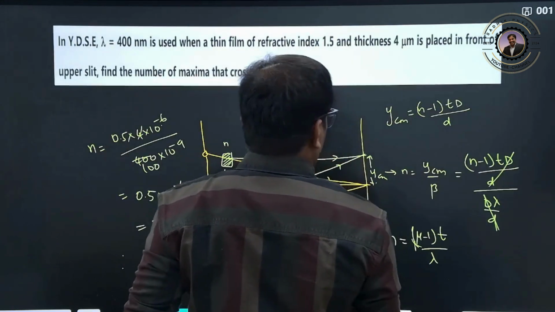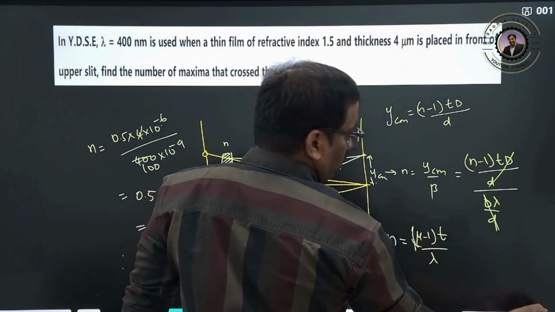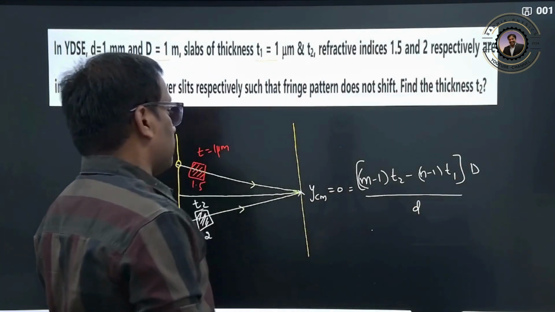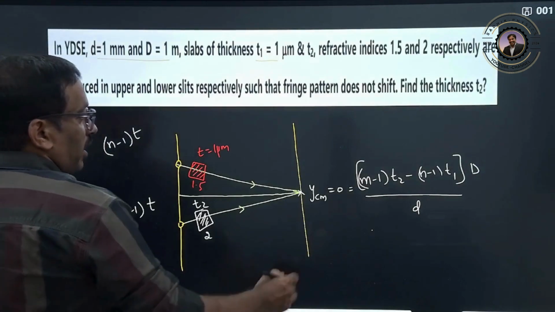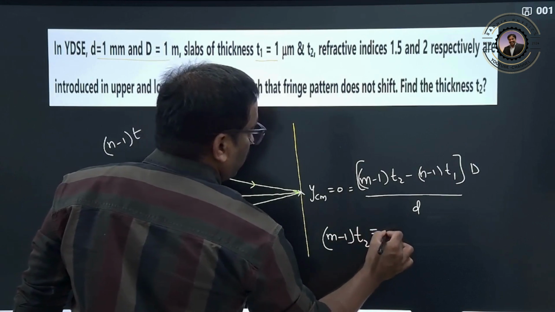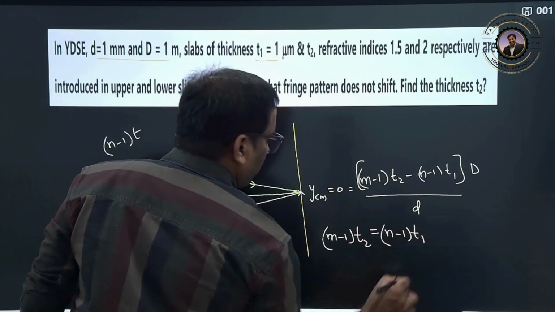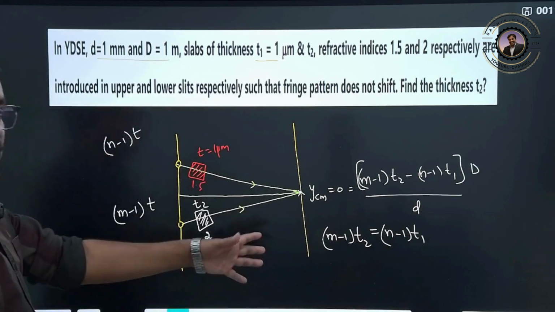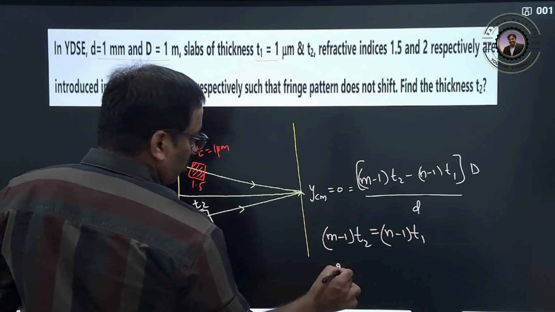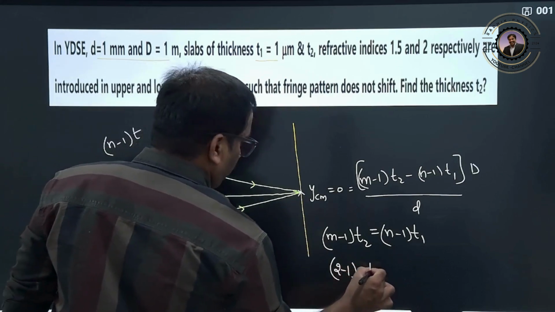What is the formula here? y_CM is D by d times this. Since it is 0, you can write that (m minus 1) into t2 should be equal to (n minus 1) into t1. Clear? So clearly you can solve this question. Here m is 2, so (2 minus 1) into t2 we want to calculate.